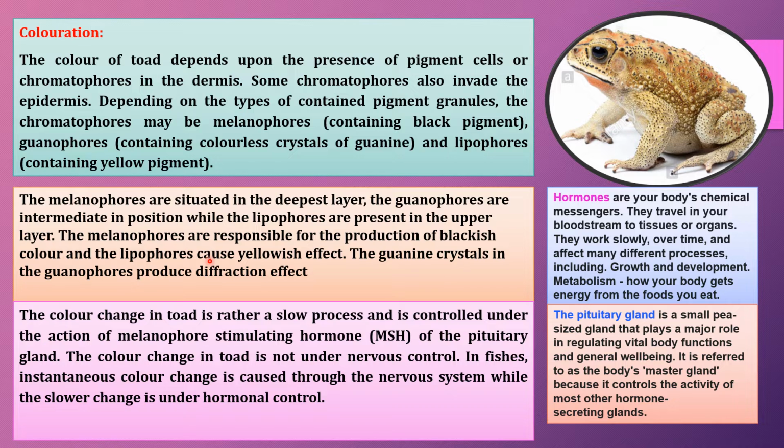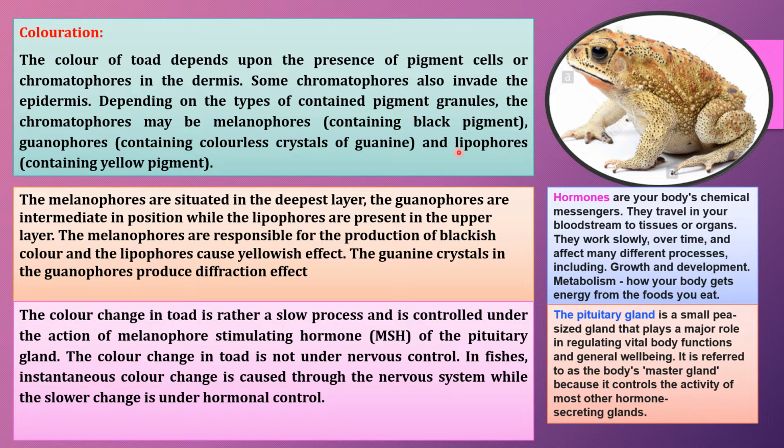The melanophores are situated in the deepest layer. The guanophores are intermediate in position, that means in the middle, while the lipophores are present in the upper layer. I told you just now that you can see a yellowish color. This is actually for outer skin, and this is due to lipophores.